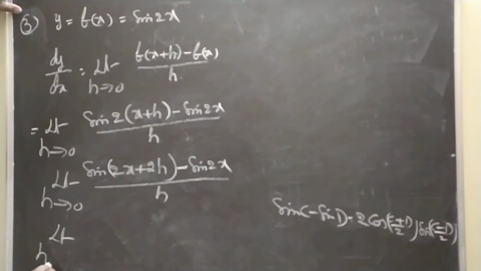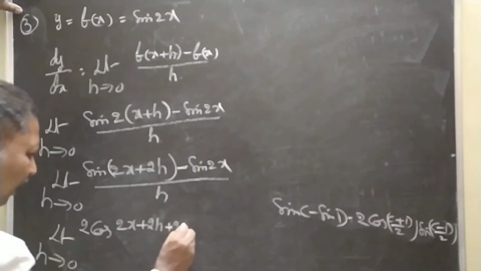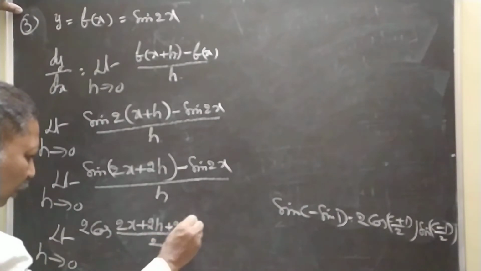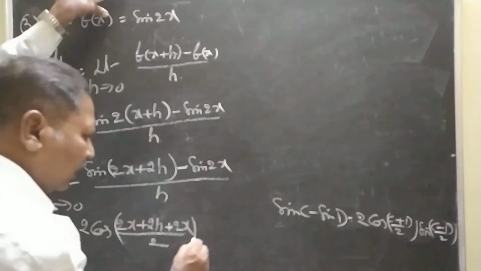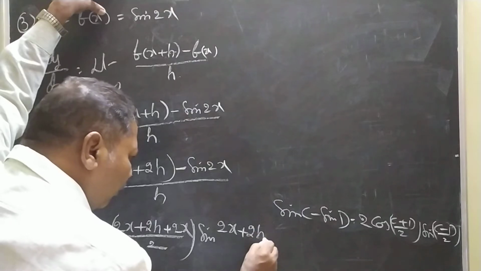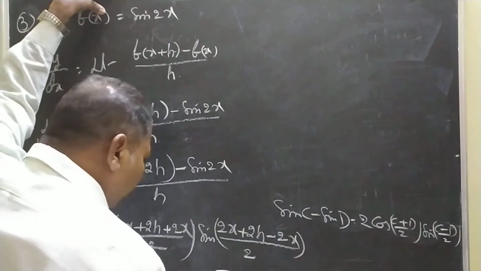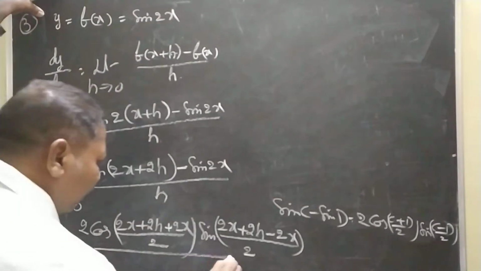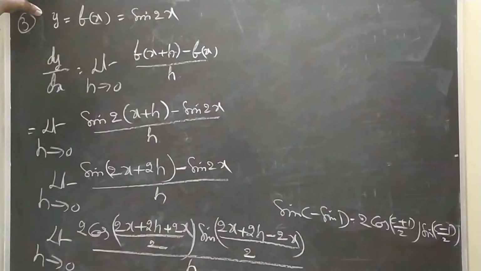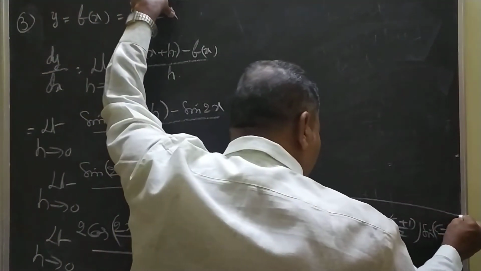Limit h tends to 0, 2 cos of c plus d by 2, sin of c minus d by 2, whole divided by h. This is the formula for sin c minus sin d.